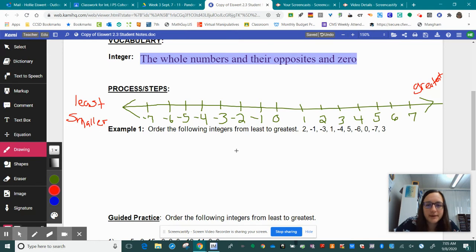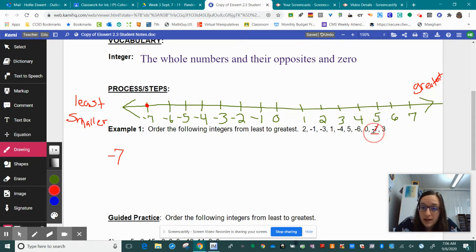Okay. So if we look at our list here, we actually have this smallest number in our list. It's right here, -7. So that is our first one. That is the smallest number, is -7. The best way to do this is to make sure once you've used that -7, cross it out.